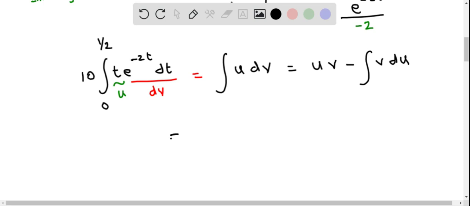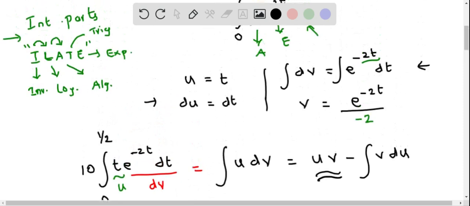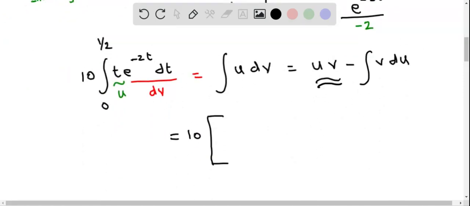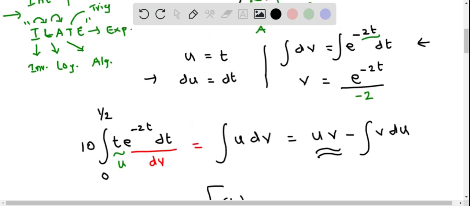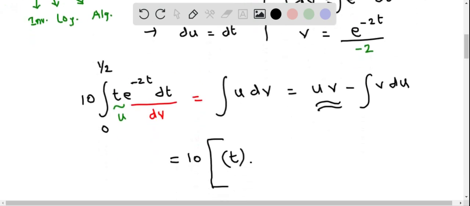So I'm going to do that. Since we have a 10, I put this 10, and then I am going to put a square bracket. Now I have to write down u times v. So u is t, I replace u by t, and v is e raised to the power of negative 2t divided by negative 2.